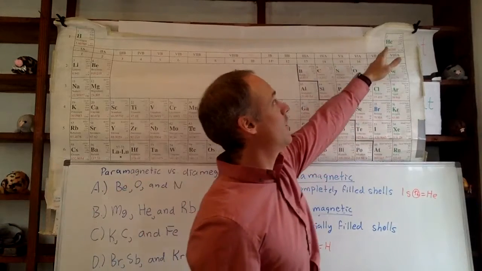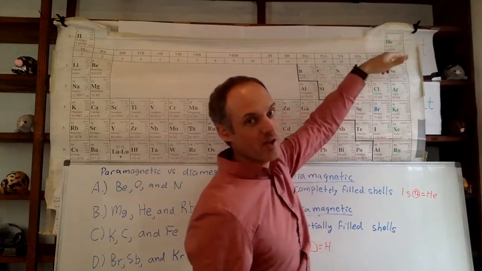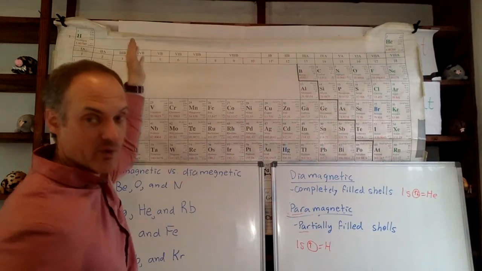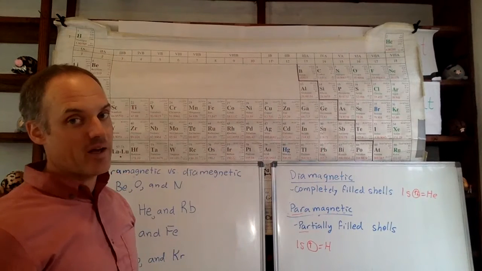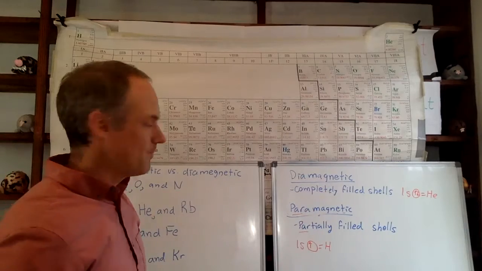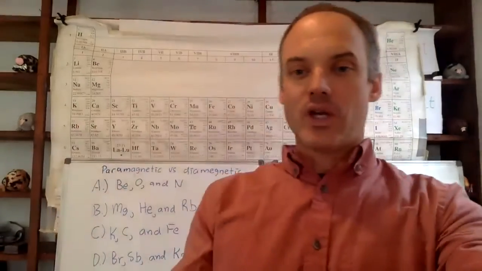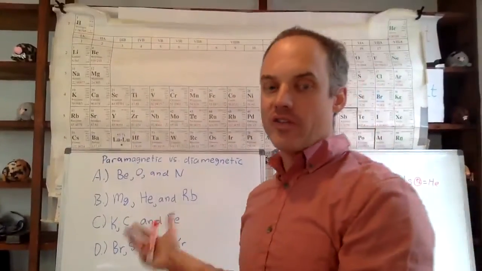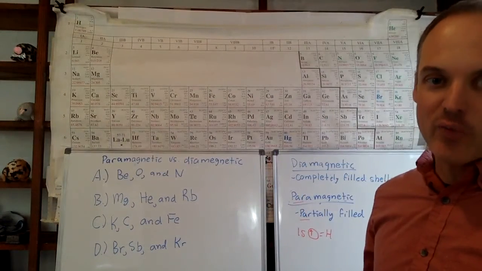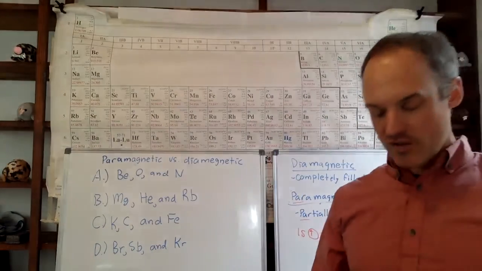Helium is kind of in a weird spot because it should be right next to hydrogen, since it's part of the s subshell, 1s2. Knowing that, we can identify quickly if they have a full shell or a partially filled, paramagnetic shell.